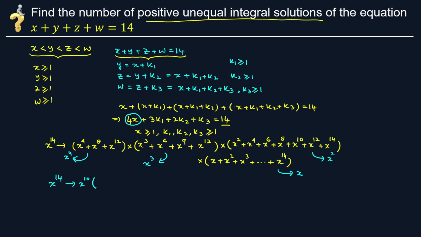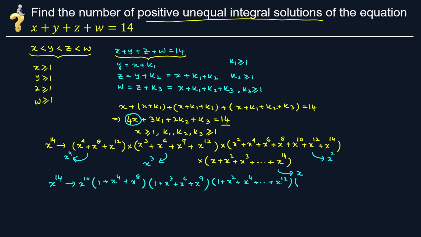1 plus x to the power 4 plus x to the power 8, into 1 plus x cube plus x to the power 6 plus x to the power 9. From here we have 1 plus x square, x to the power 4, this goes on, and the last term will be x to the power 12.